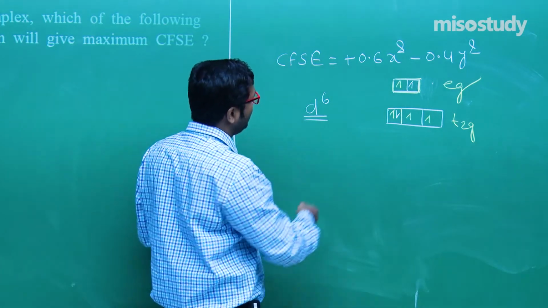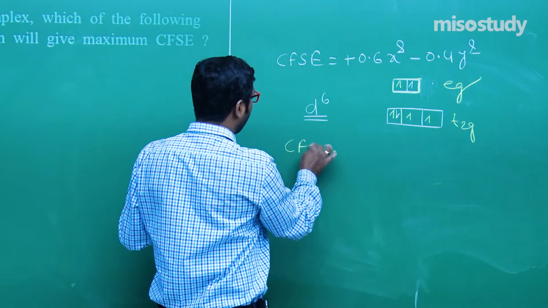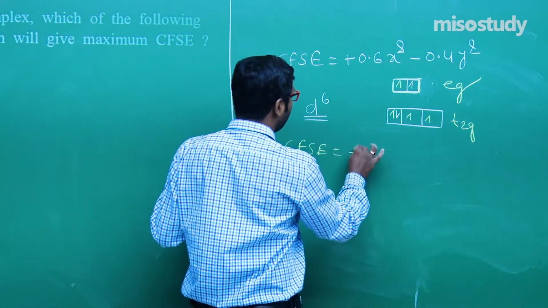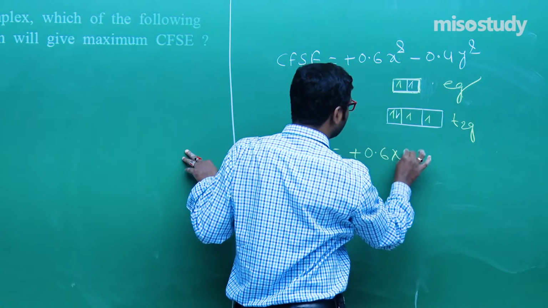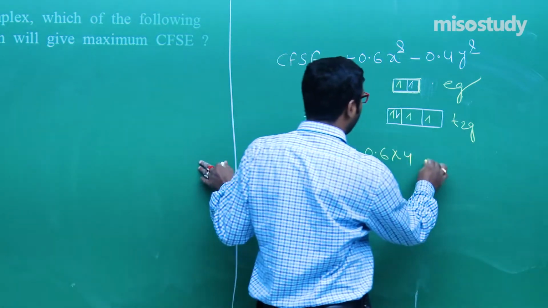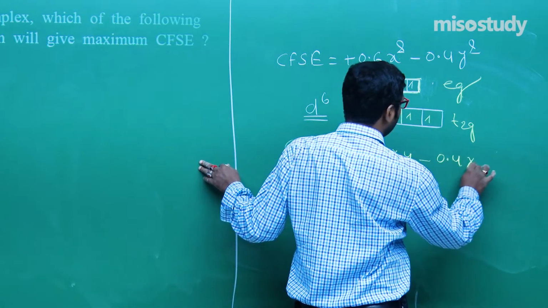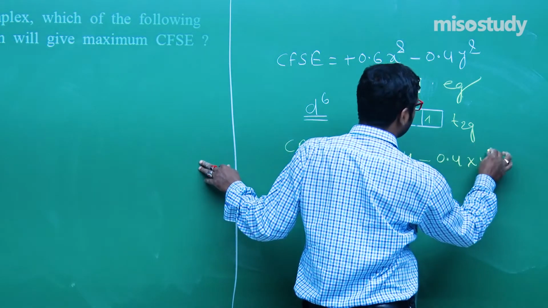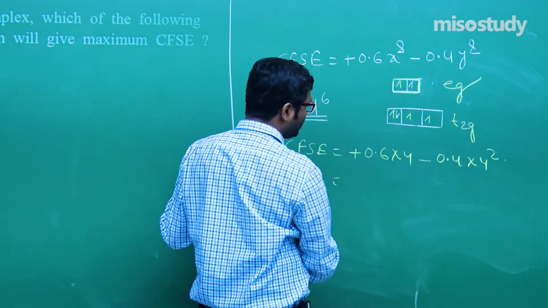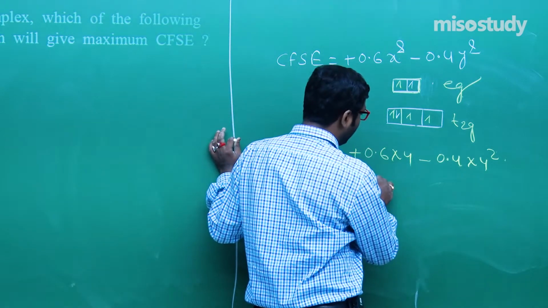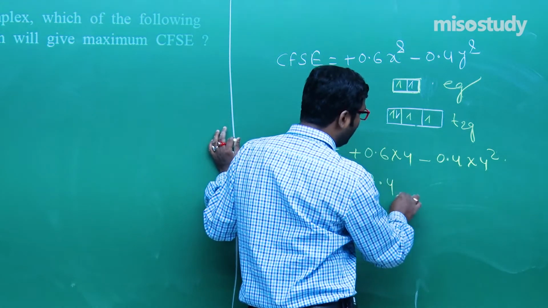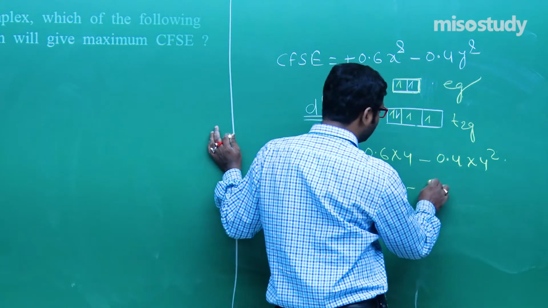Now check out the electron 0.6. For this, the CFSE value is 0.6 into x square, that is 2 electron, 2 to the 4, and minus 0.4 into 4 electron, 4 square, that is what will happen in this case 0.6, 2.4, that is minus 6.4.